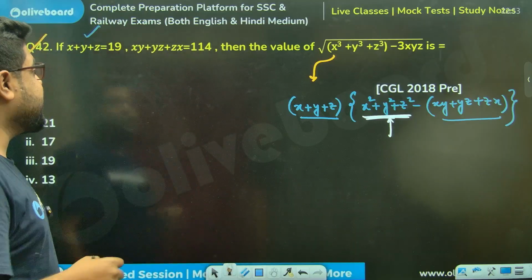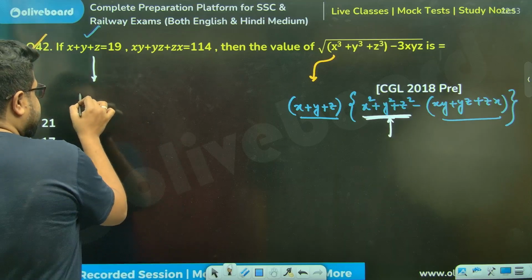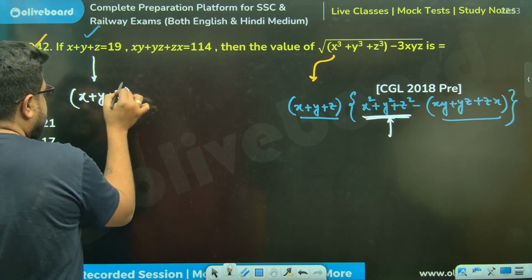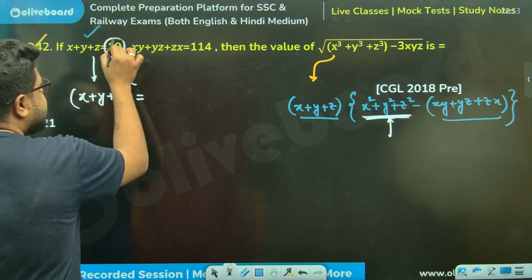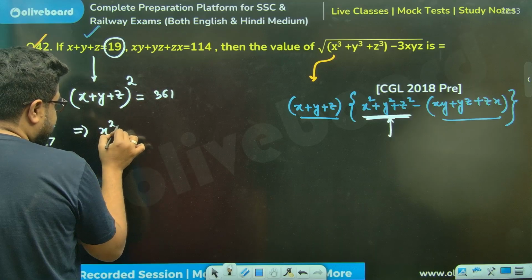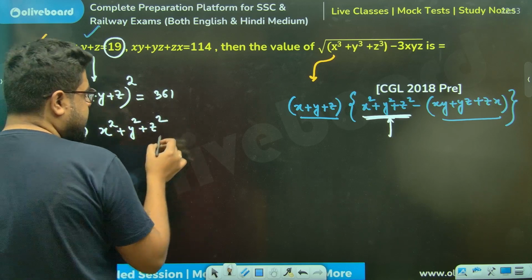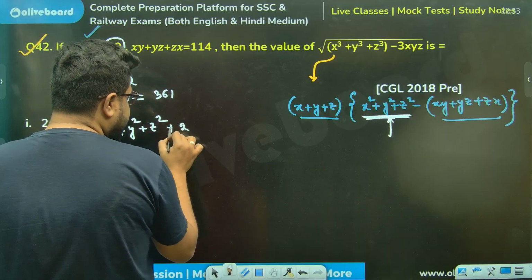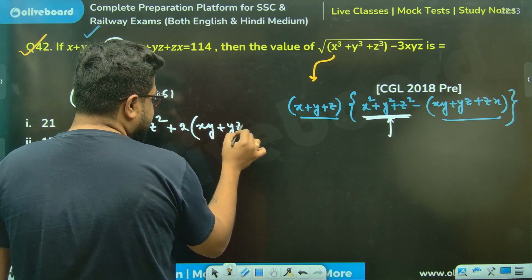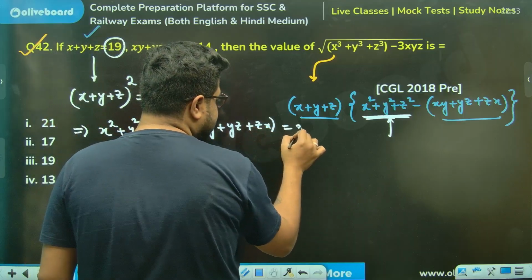How will I find it? Using that formula, which I can use from here. Sir, x plus y plus z whole square is equal to 19 square, sir, which is 361. Write it down: a square plus b square plus c square plus twice of xy plus yz plus zx is equal to 361.